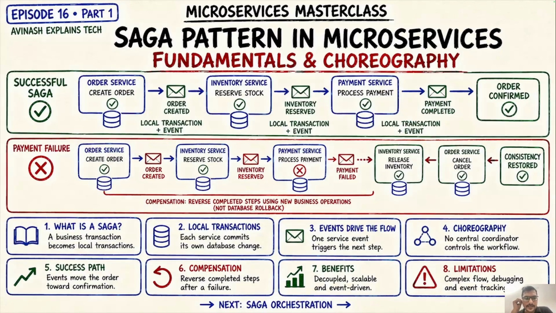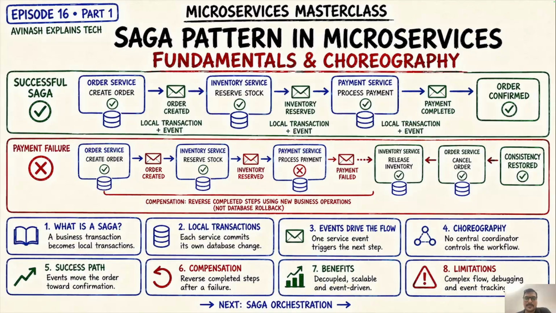A saga is a sequence of local transactions that together complete one distributed business operation. Let's understand that statement using our order example. Placing an order is one business operation, but technically it contains multiple transactions.